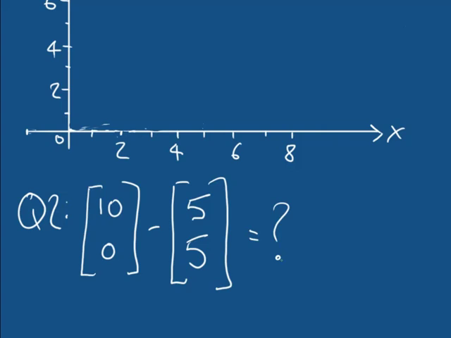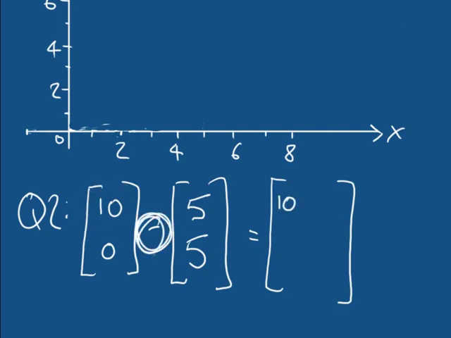Okay, welcome back everyone. So I'm going to start with our component representation again, and then we'll look at the graphical representation. So with our component representation, we're going to take for the first component of our result, the first component of the first vector, which is 10, and we're going to subtract from that the first component of our second vector, which is 5.